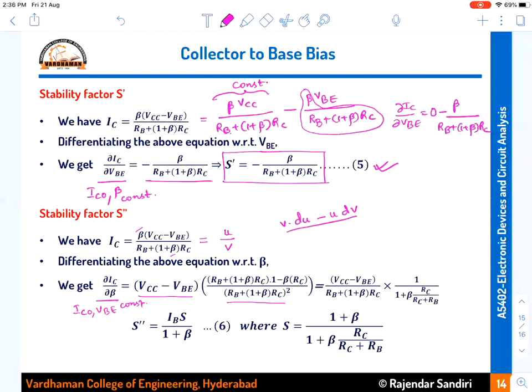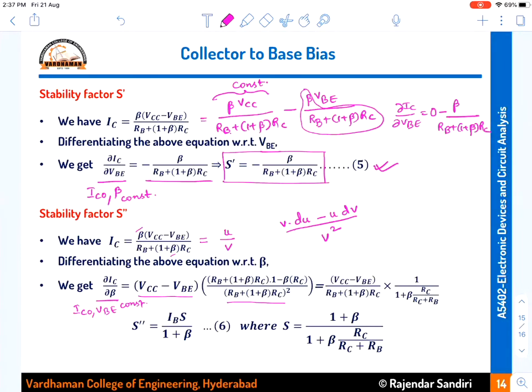So v into differentiation of u is just 1, since differentiation of beta with respect to beta is 1. Minus u, which is beta, into differentiation of v. In v, RB is constant, and in 1 plus beta into RC, beta is the variable and RC is constant, so only RC will remain. So minus beta into RC.